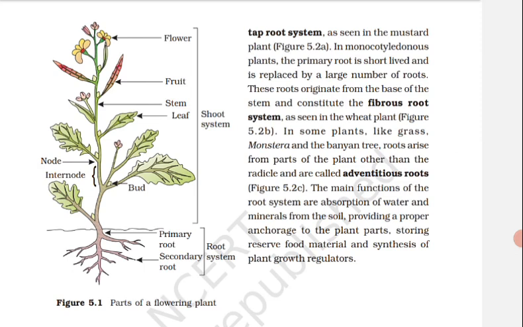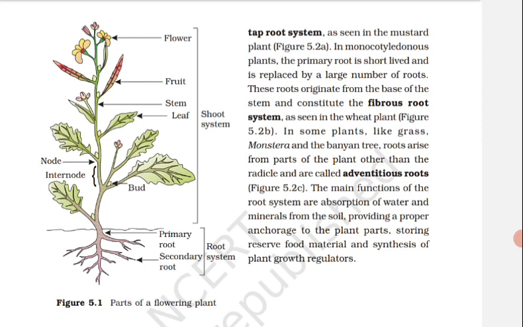Next, regions of the root. The root is covered at the apex by a thimble-like structure called the root cap. It protects the tender apex of the root as it makes its way through the soil. A few millimeters above the root cap is the region of meristematic activity.